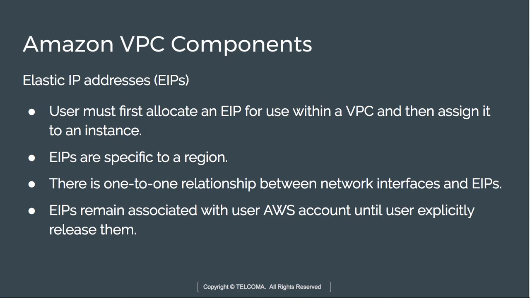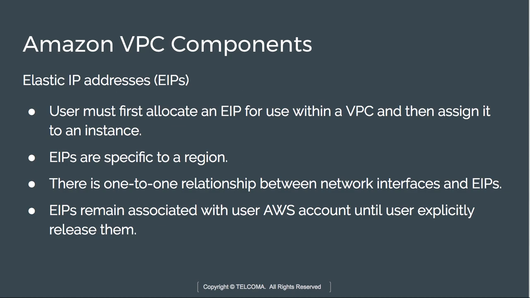A user must first allocate an elastic IP address for use within a virtual private cloud, and then assign it to the instance. These are specific to a region, and we have a one-to-one relationship between network interfaces and elastic IP addresses.